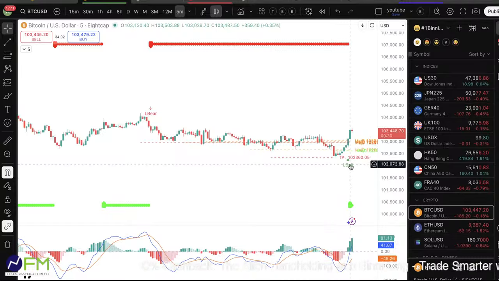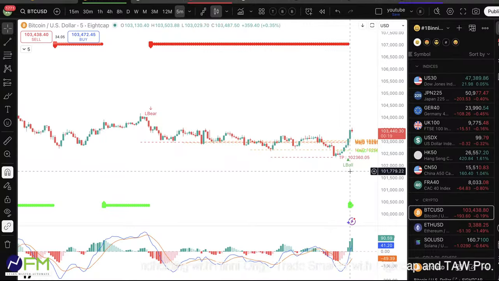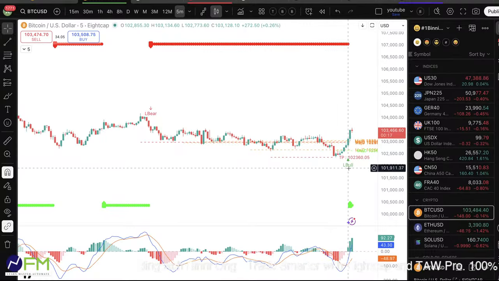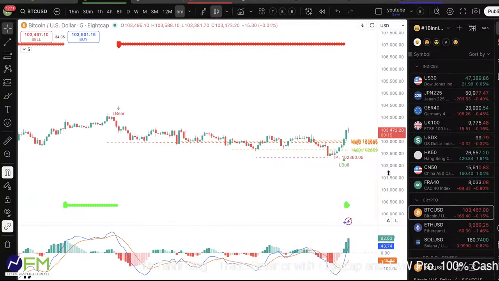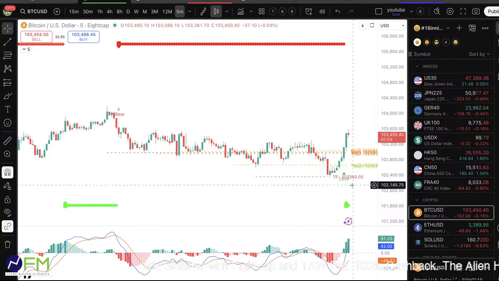But again, I find that the signals are very, very useful because they help to make decisions faster. But I also like you to know why and how the signals are being created. That's why instead of just giving you the signals, I built in all these lines, because we do use all these lines as well.